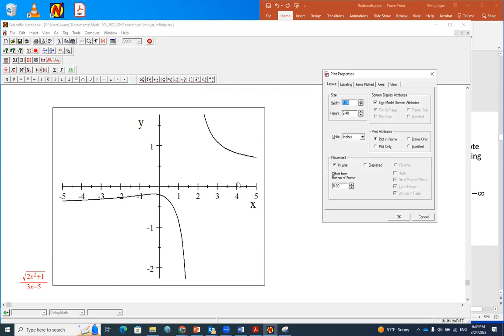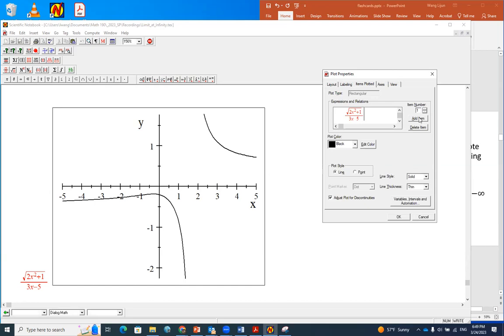Since we have done all the work, we're going to draw the vertical asymptote and the horizontal asymptote. Let's draw the horizontal asymptote first. We have √2/3. That's the horizontal asymptote. We're going to make it blue, broken line, thin.